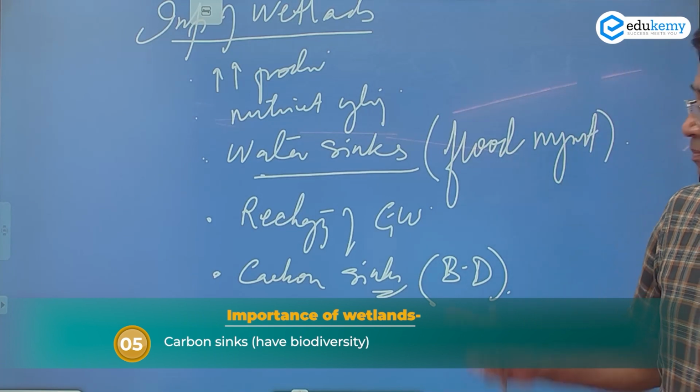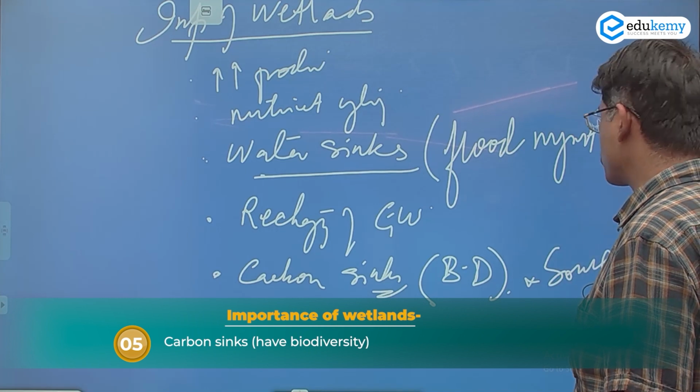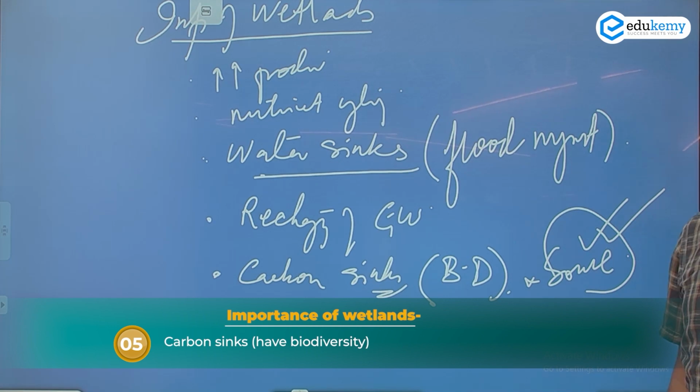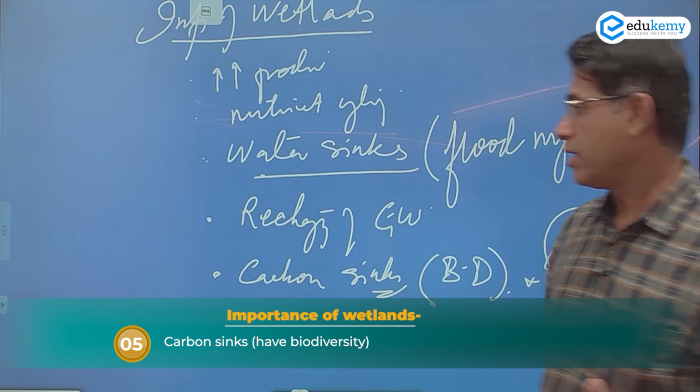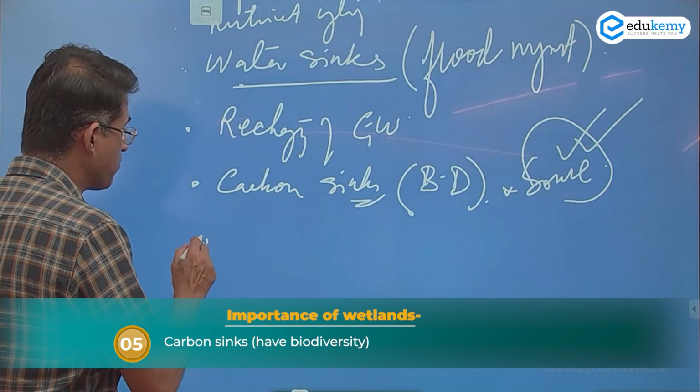So carbon sinks we have, they also are carbon source. But in natural conditions, they can balance this. But when you destroy the vegetation, when you impact the biodiversity, then they primarily become the source. So it's a two-way thing. They absorb some and they release some.